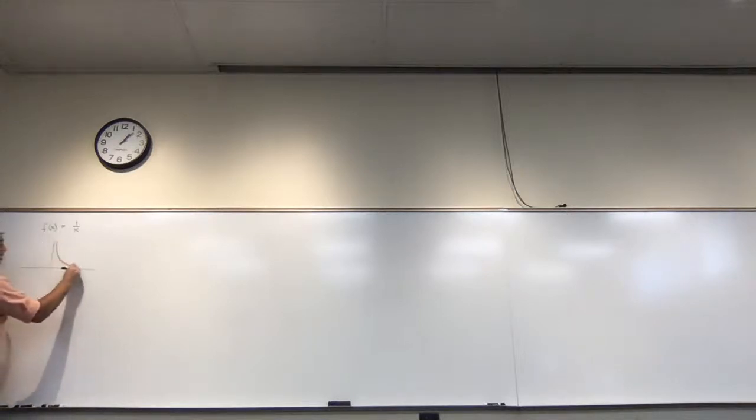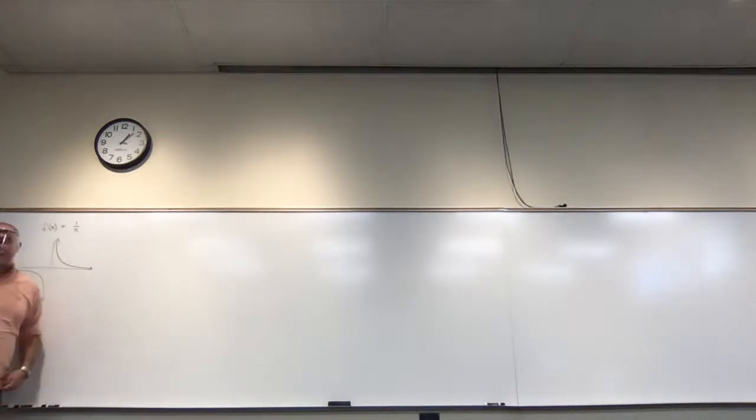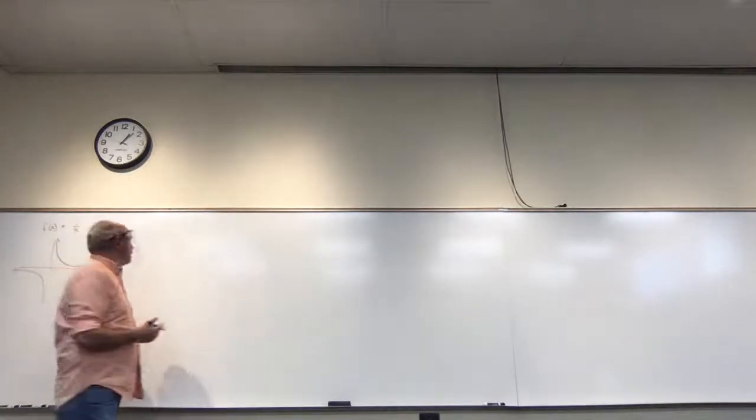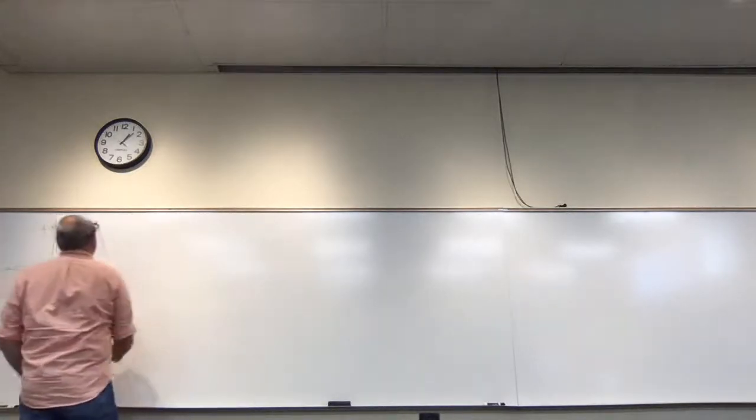First, let's look at the function f of x equal to 1 over x. The function looks like this. It's just like a hyperbola, just so we know what it looks like.